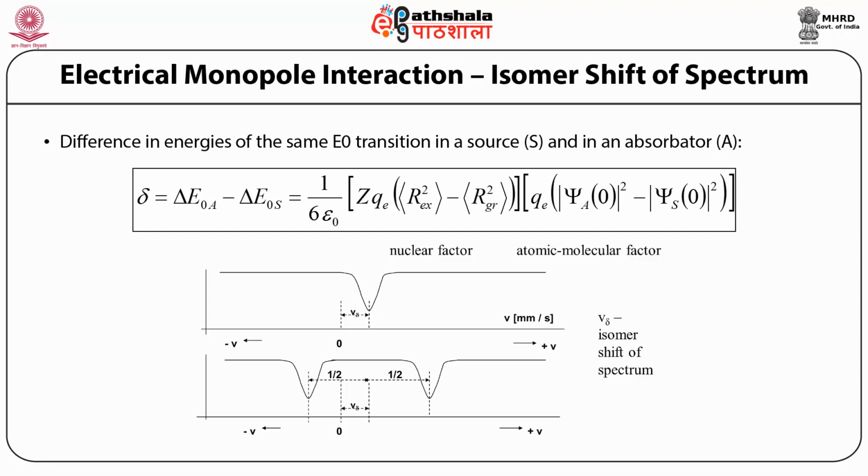So basically the first quantity is the nuclear factor and the second quantity is the atomic or molecular factor.